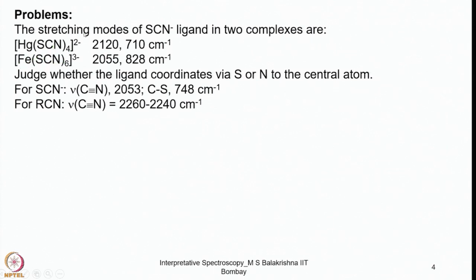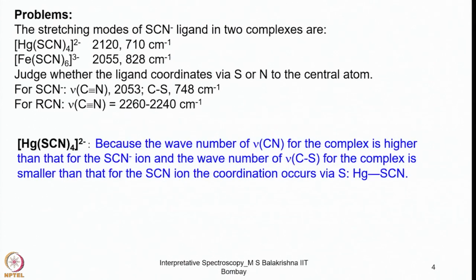Now let us compare the data here with the data we obtained for these mercury and cyanide complexes. If you see, the wave number of CN for the complex is higher compared to the one for free SCN, and the wave number for CS is lower in the complex compared to free CS. Because of this, we can conclude that S is coordinating to mercury.